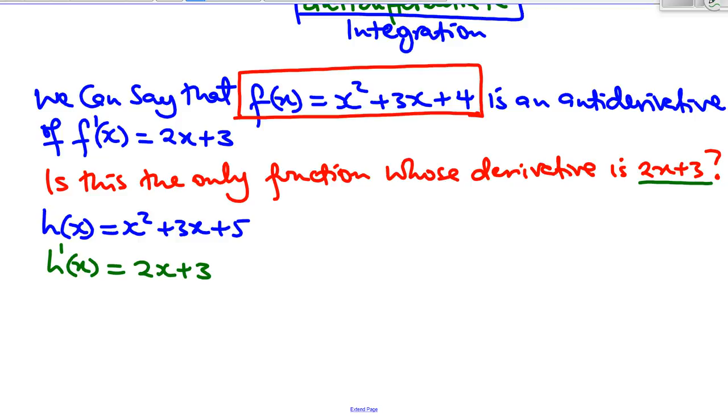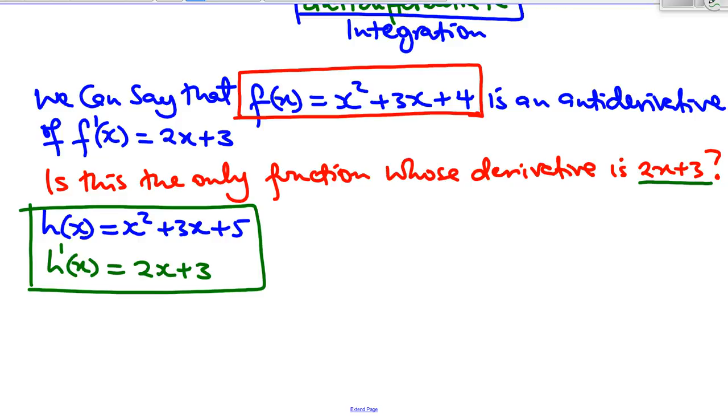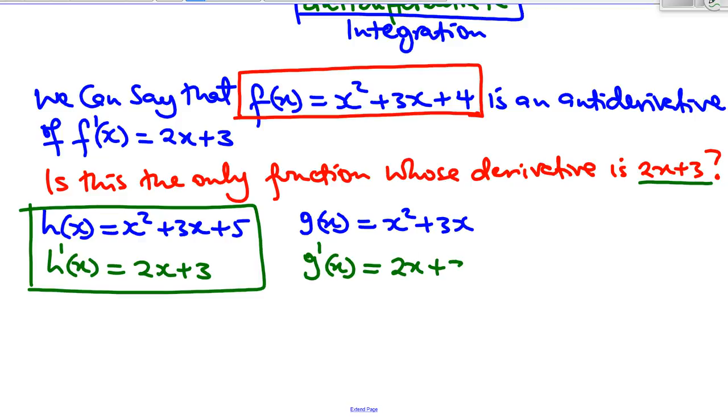Okay, let's look at another one. So this is the first one. Let's look at another function. g of x is equal to x squared plus 3x. If we differentiate that, we'll end up with 2x plus 3 again, which means that g of x is an antiderivative of 2x plus 3.